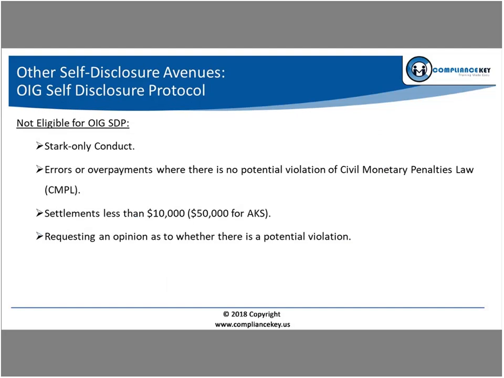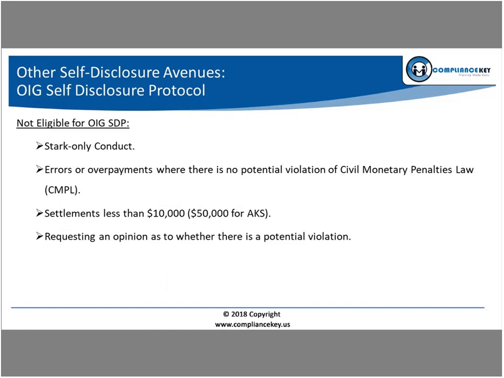I think it's helpful, when talking about some of these things, to note what is eligible, but also what is not eligible. Under the OIG Self-Disclosure Protocol, what is not eligible would be Stark-only conduct, errors or overpayments where there's no potential violation of the civil monetary penalties law, settlements that are less than $10,000, or $50,000 for the anti-kickback statute, or a situation where you're requesting an opinion as to whether or not there is a potential violation.